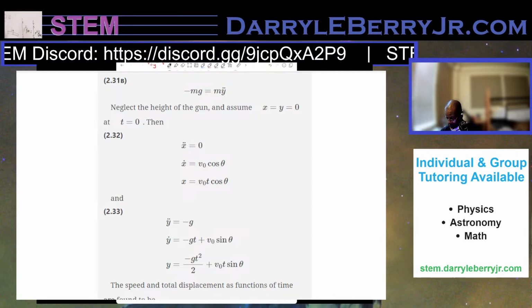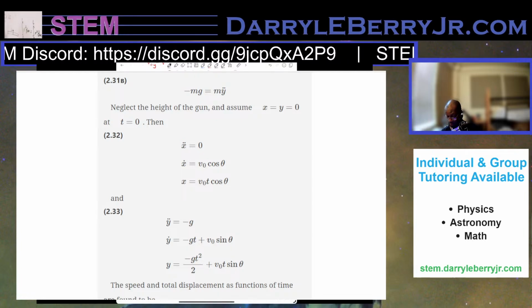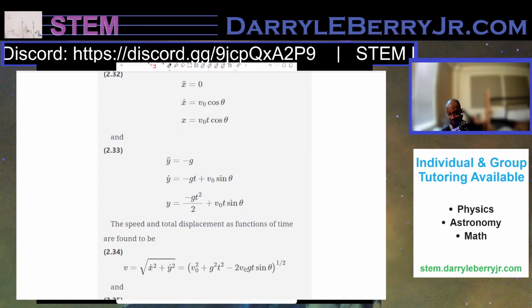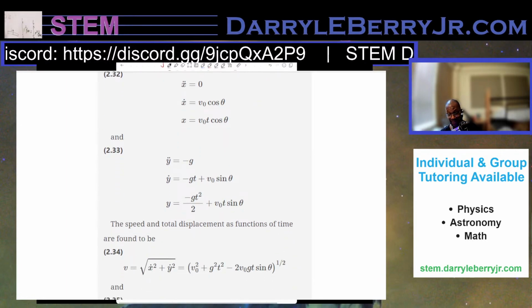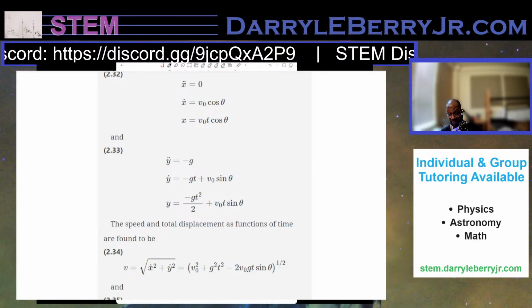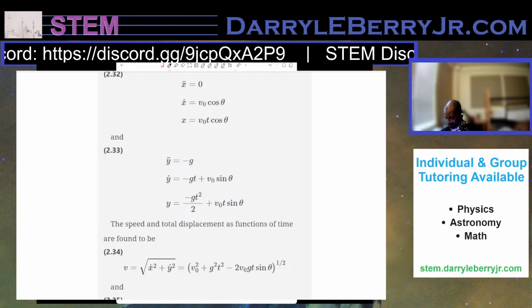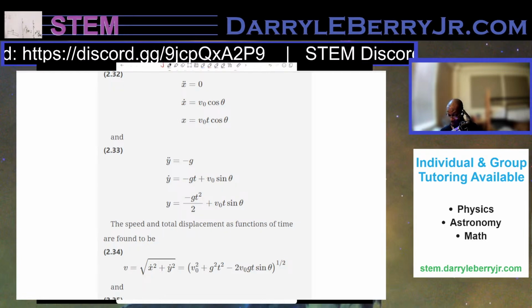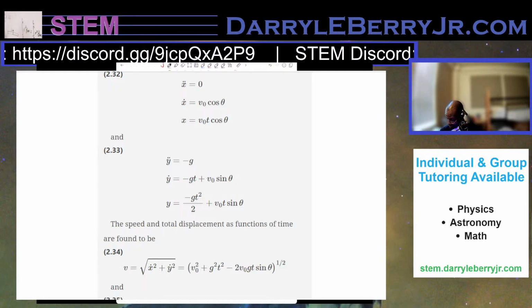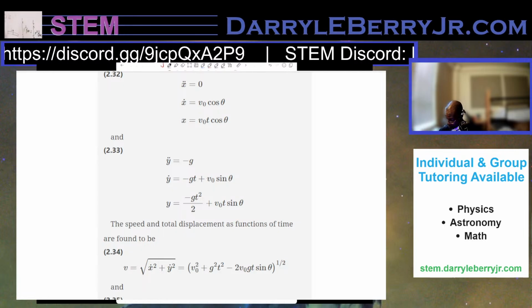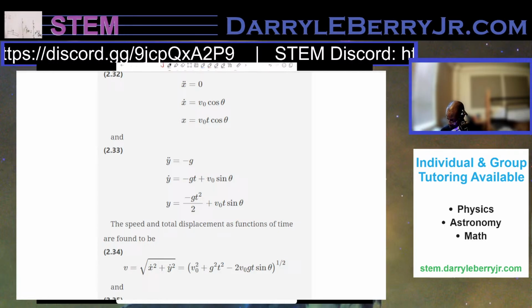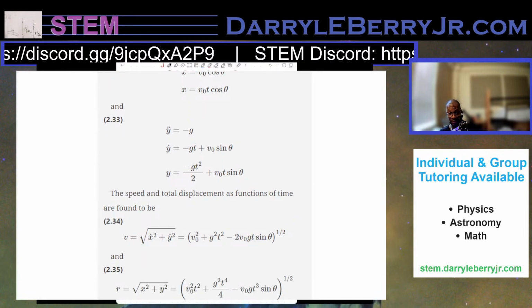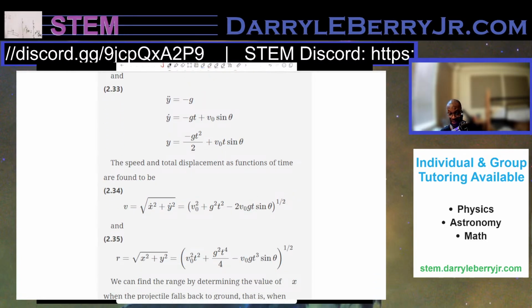Position is t V naught cosine theta. We have that. And y is 1/2 gt squared plus V naught y t, and we know Vy is V naught sine theta, as we have here. So they have V naught sine theta t. Good.